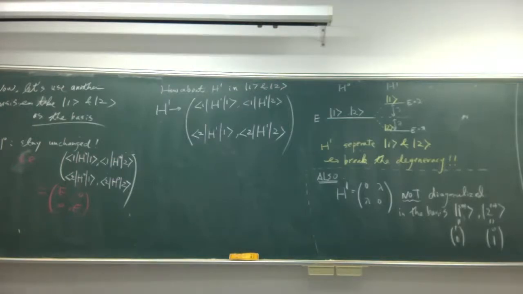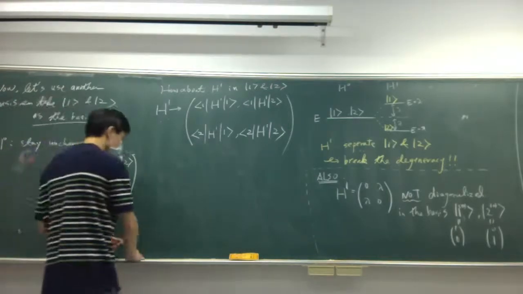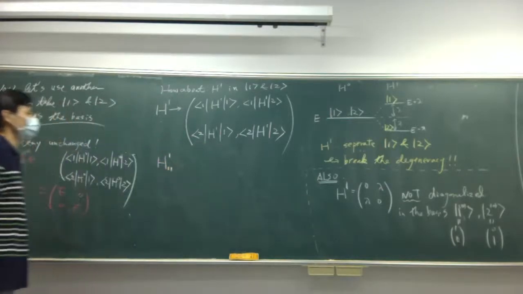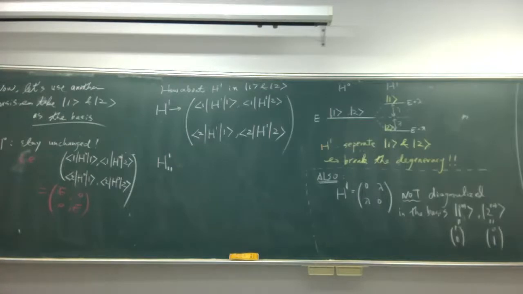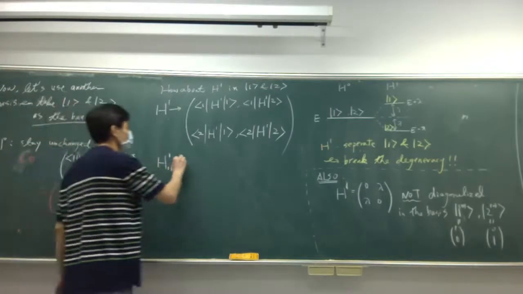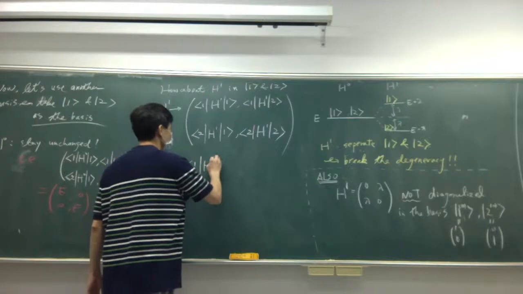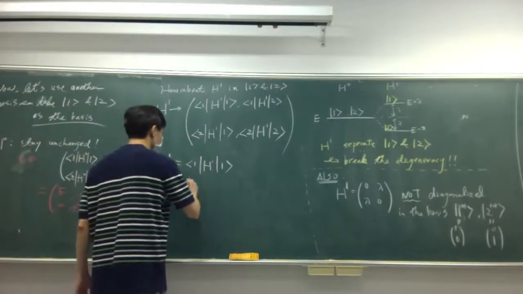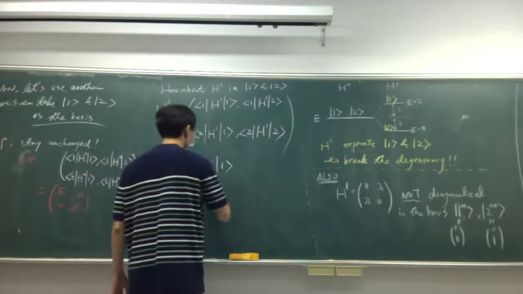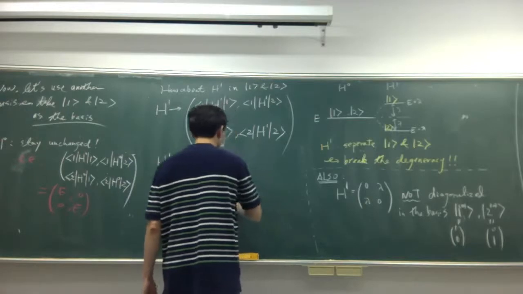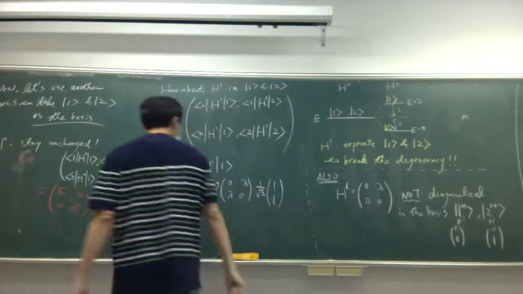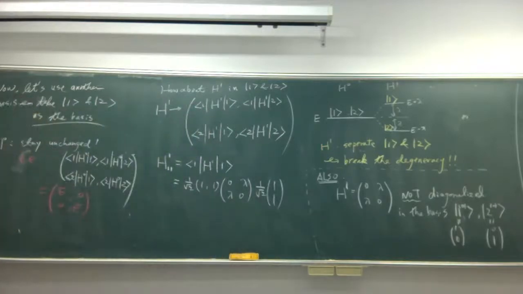Okay, so this is my H11, <1|H1|1>. So I got 1 over square root 2 times (1, 1), then the matrix 0 lambda lambda 0, then 1 over square root 2 times (1, 1). Right?